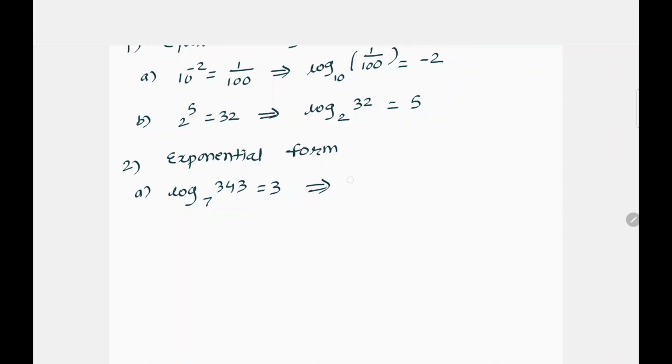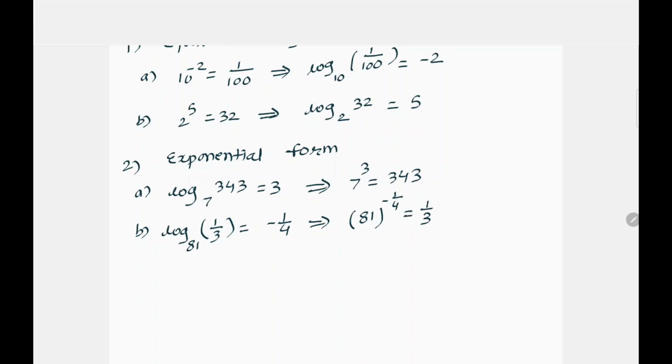So what will be its exponential form? 7 raised to 3 is equal to 343. Another example, log 1/3 to the base 81 is equal to -1/4. So what will be its exponential form? 81 raised to -1/4 is equal to 1/3.